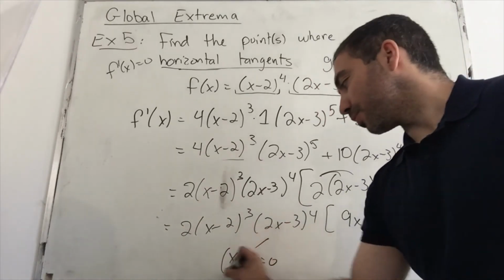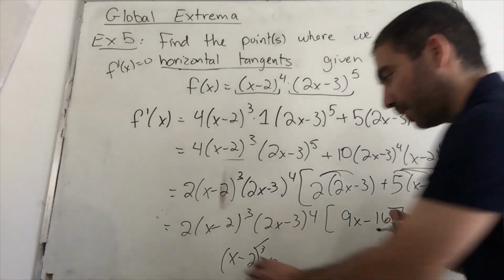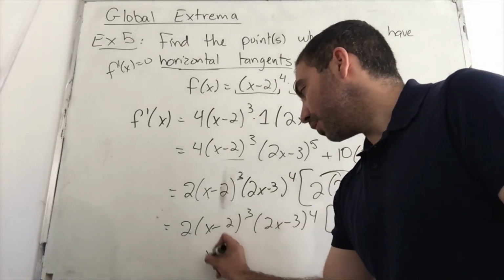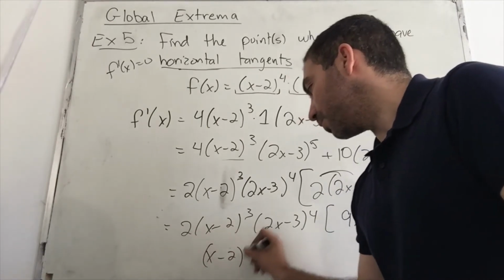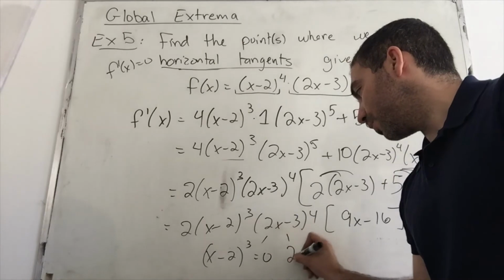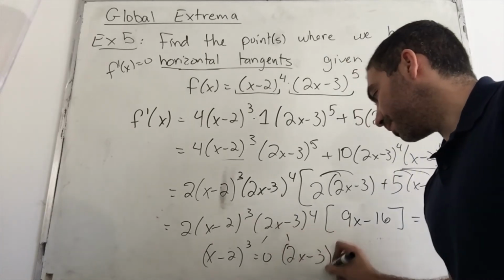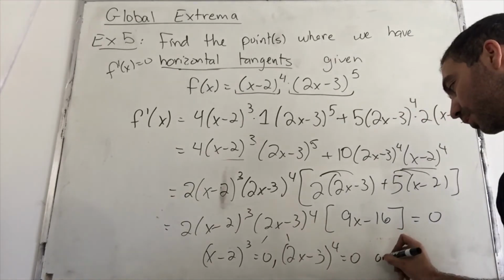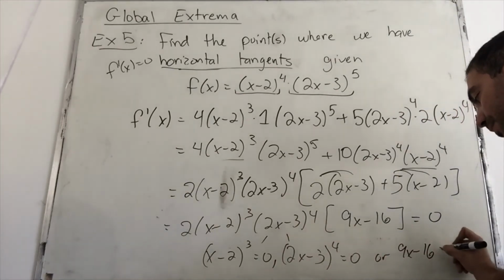You could put the cube as well if you want, but you're just going to cube root it, so it doesn't really matter. So x minus 2 cubed equals 0, or 2x minus 3 to the 4 equals 0, or 9x minus 16 equals 0.